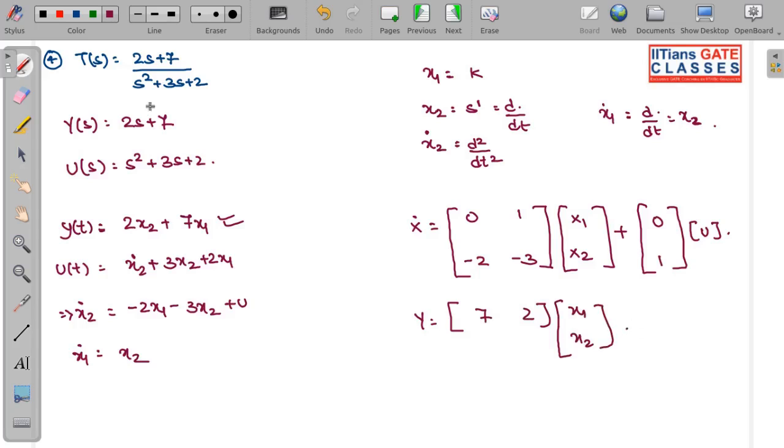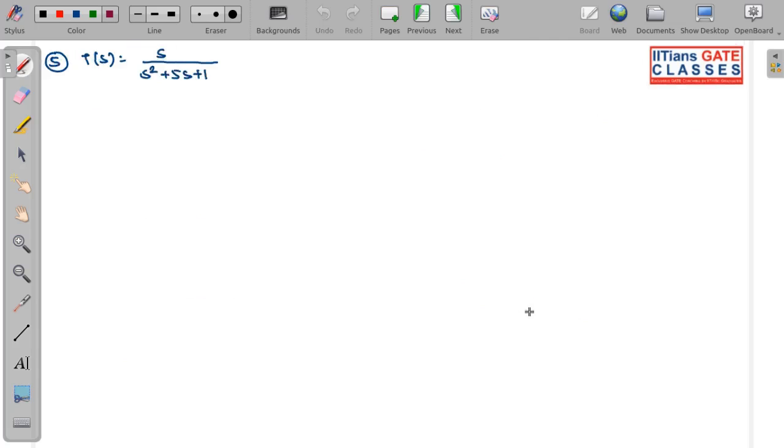Here also we have a shortcut trick like we had previously. The last row of your A matrix is written from right to left along with opposite sign, and your C matrix is also written from right to left. You can see 7 2, but over here there will not be any sign change.